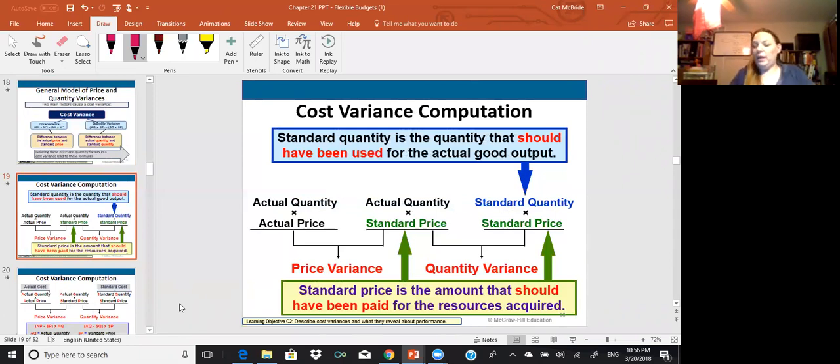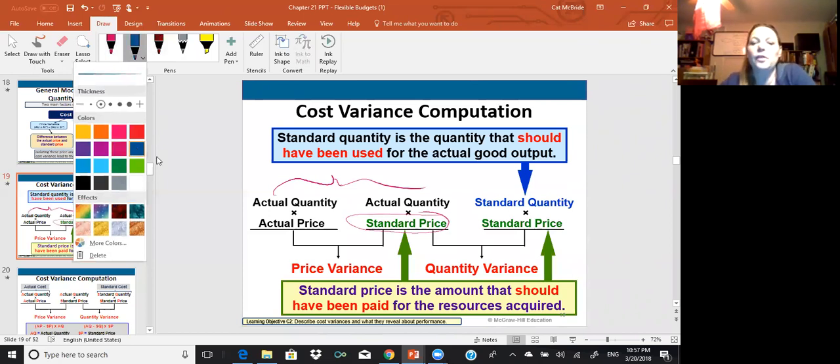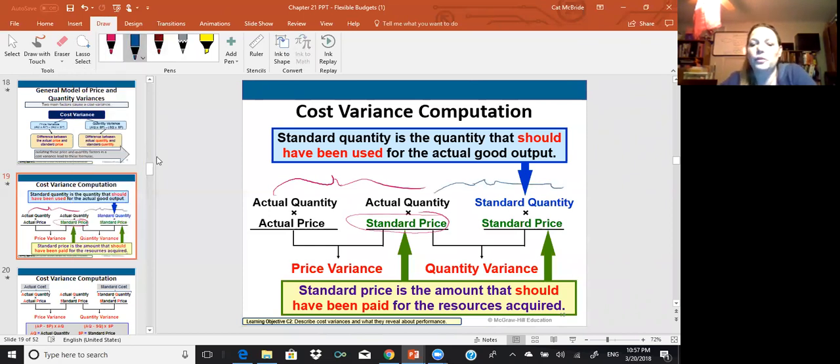So while you're looking ahead, on this side we compare price variance. We're separating price because we have actual and standard price, so we're separating out price to get the price variance. And on the other side, where we do our quantity variance, we have actual, standard, and we're separating out our quantity.